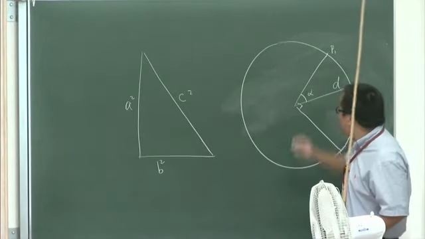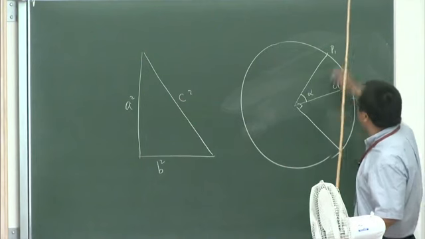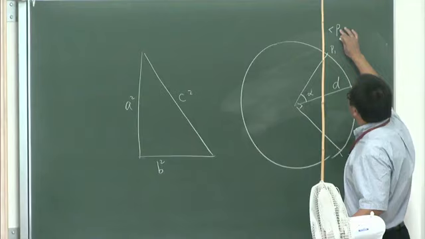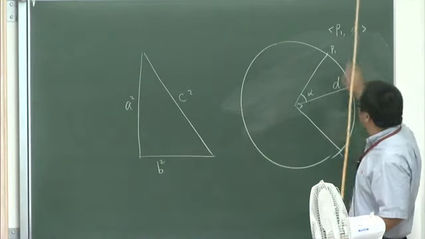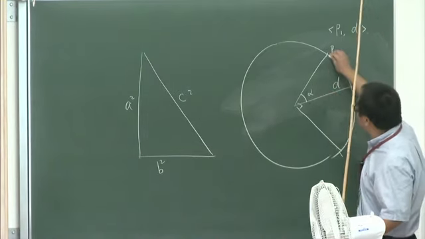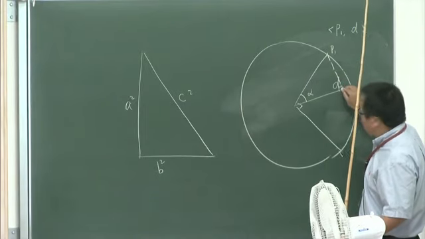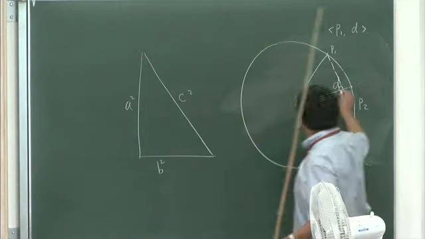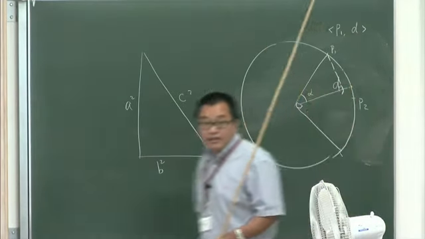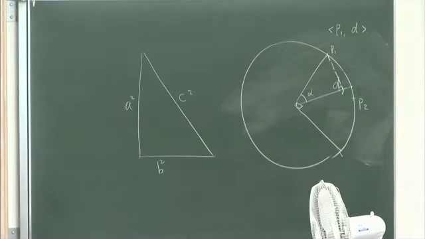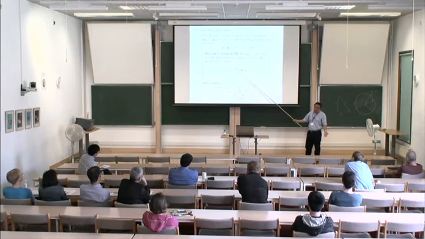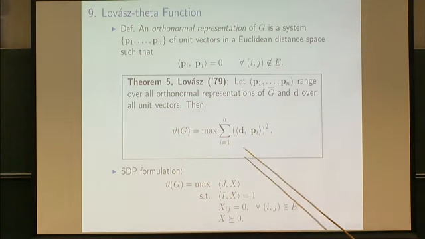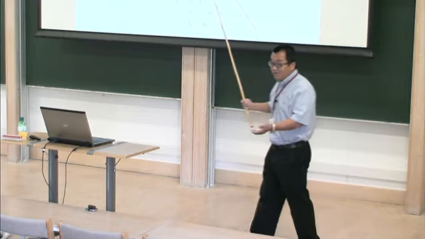Because they are unit vectors, when you take the inner product between the two unit vectors, actually you are dealing with projection. So actually you are calculating this part. That's the projection, and this is the projection squared. Of course, projection is related to distance, so that indicates that squared distance will come into play.